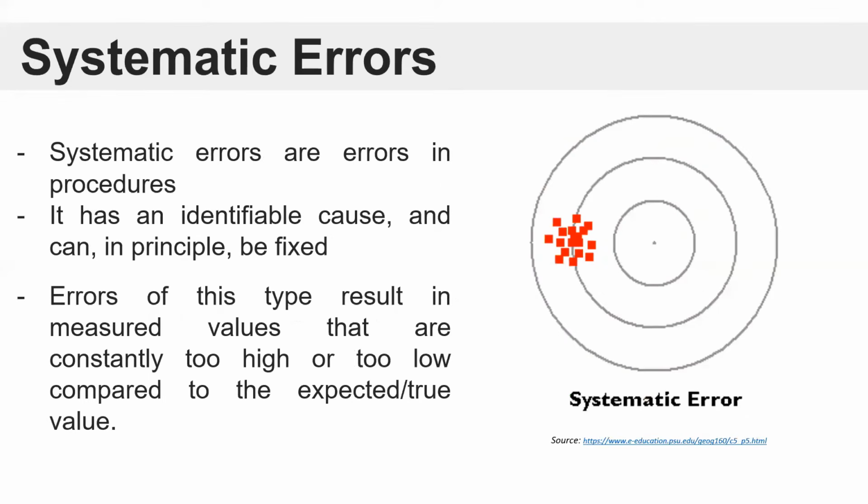The second type of errors in measurement is the systematic error. These are errors in procedures, meaning there is an error in the process of obtaining your measurements or your data.